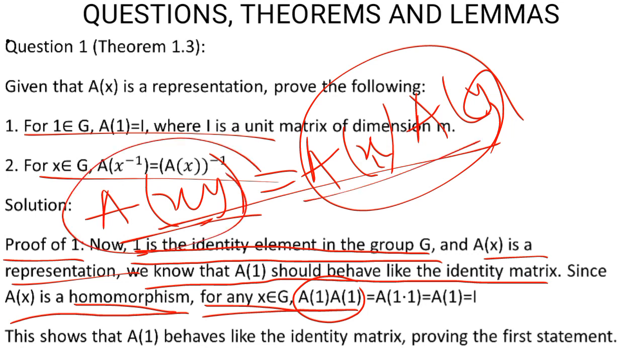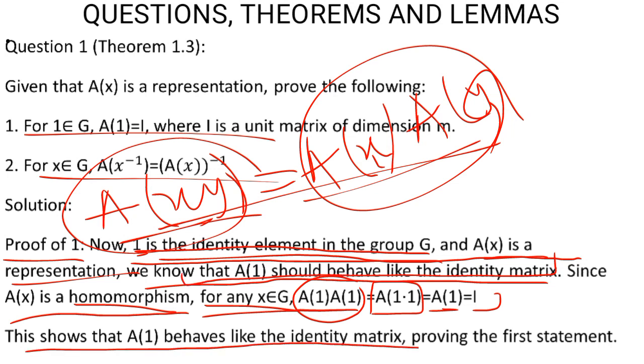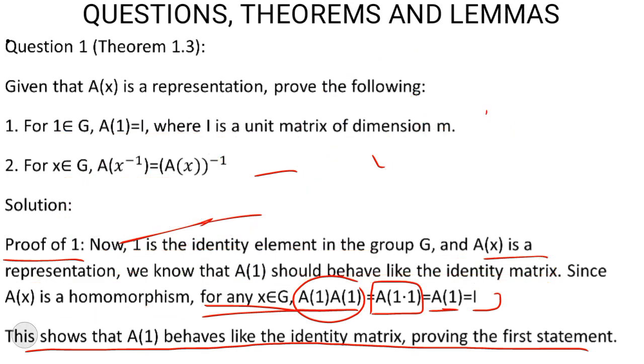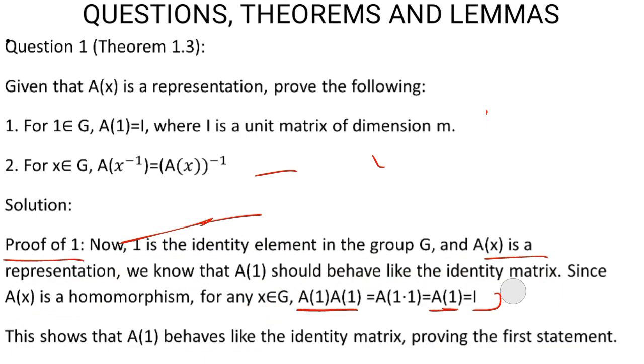So A1 becomes A1 times A1. But what's A1 times A1? That's just A1. Clearly, this would be the identity matrix, because we said already that A1 should have the behavior of an identity matrix. And automatically, we have proven the identity for the first statement, okay? So that's the proof to question number 1, or should I say question number 1, part 1.